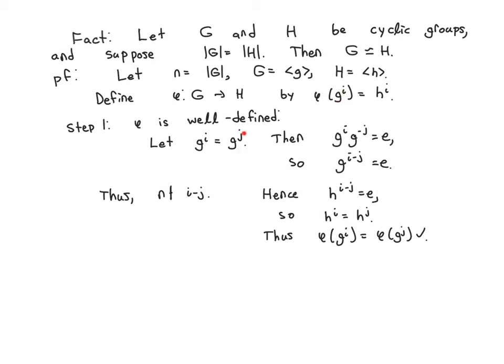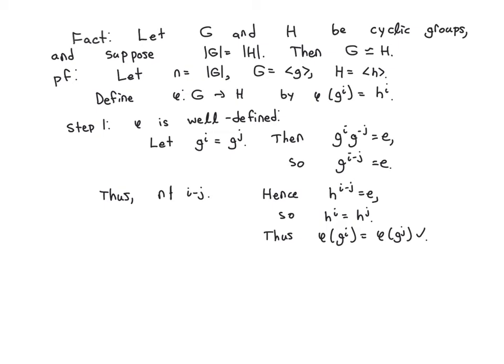Suppose that we have two different representations of our input. So g to the i equals g to the j. Two different powers that got us to the same element. We need to check that the resulting function value we get at the end of the day is the same, namely that h to the i is equal to h to the j. If that's true, then in fact this is a well-defined formula. It doesn't actually depend on i.